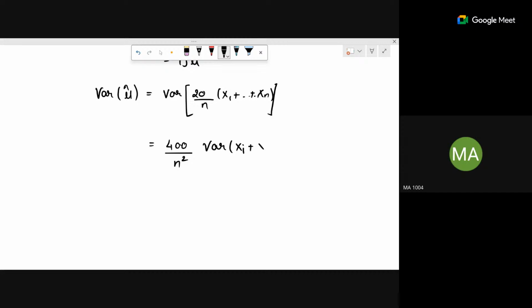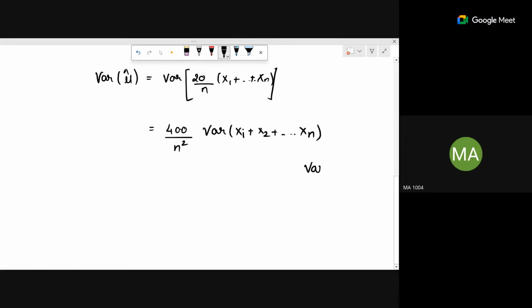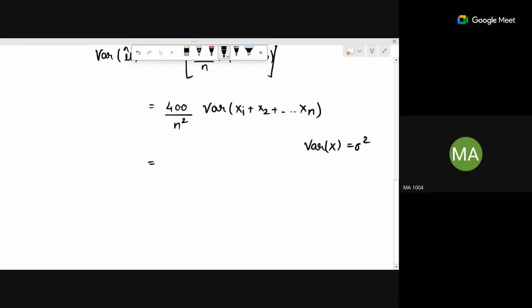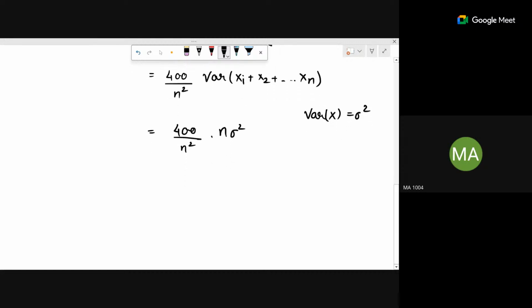Variance of x is equal to sigma square, and there are n independent random variables. So we have 400 by n square times n into sigma square, which turns out to be 400 sigma square upon n. Fine.